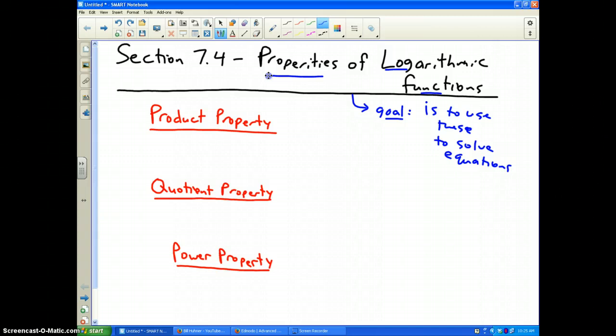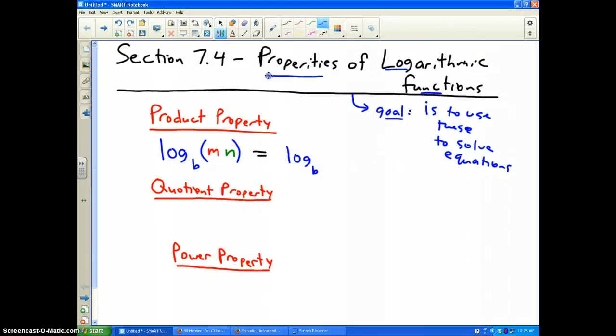All right, first of all is the product property. What the product property says is if you have a log to some base b, and you have two things multiplied together, which I'm going to color code in here, let's call them m times n, you can write these as two separate logs.